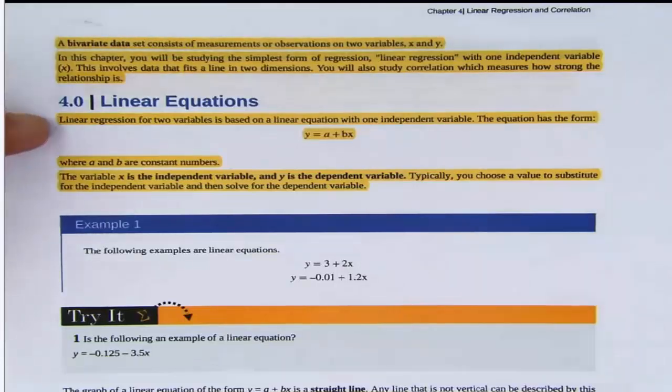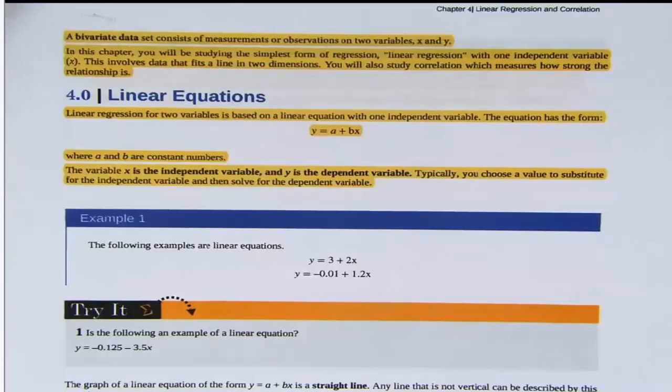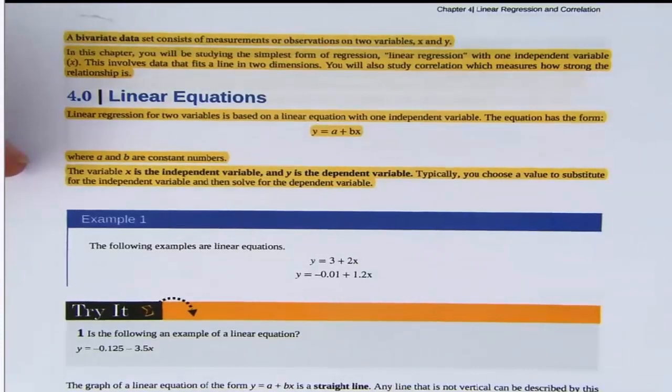Linear regression for two variables, a topic we will get to later, is based on a linear equation with one independent variable. In statistics, that equation has this form: y equals a plus bx. For this equation, a and b are constant numbers, so they're fixed numbers.